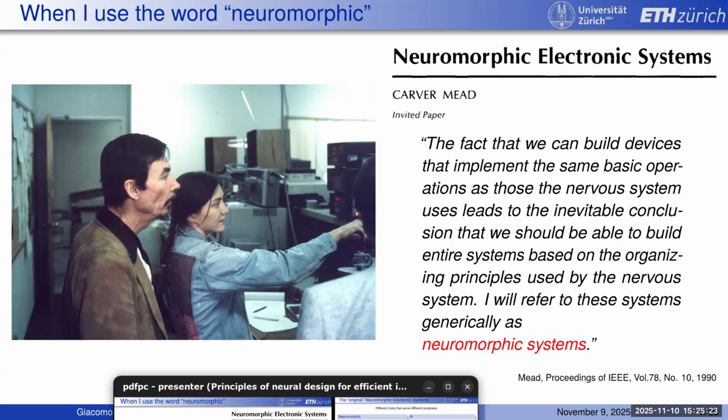And this was really the discovery, the breakthrough, that Misha and Carver made in those years. And from those years on, at Telluride and around the labs working on this, there's been a huge amount of progress in building silicon retinas, silicon cochleas, artificial silicon neurons, synapses, and you'll see some examples also today, and this progress is going on.